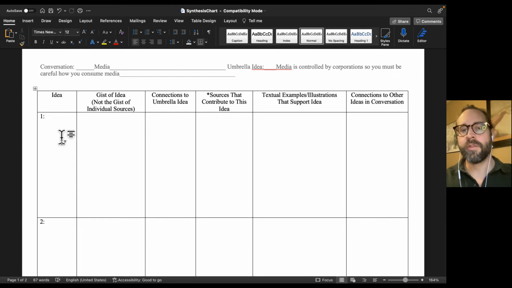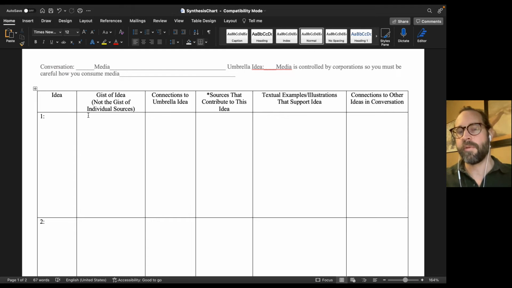Instead, you want to organize your essay by idea, right? There's an idea that comes up in several essays, so your first paragraph or two is going to be focusing on that idea, bringing in: here's what the sources say about it, here's how they connect, here's where they view it similarly, here's where they view it differently. That gives you a lot more depth to get into and synthesize these ideas. So that's starting off, that's what not to do.